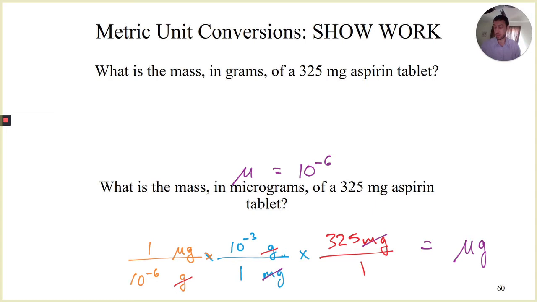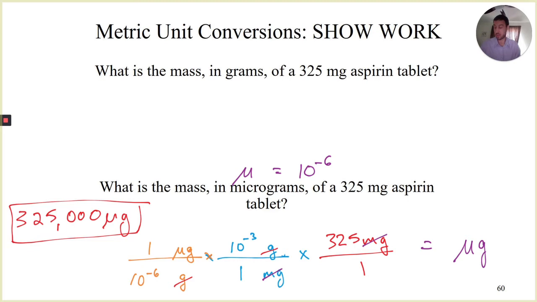The final answer that comes out of this, assuming I aligned everything correctly, I believe comes out to be 325,000 micrograms. So if you enter everything into your calculator correctly, you've got that nailed down. I'm going to have to do it at a much later date, but I'll try and get a calculator video so that you can see how those powers of 10 manipulate through there.